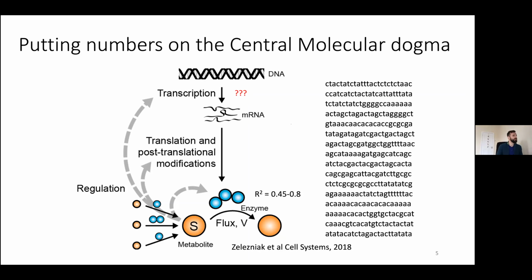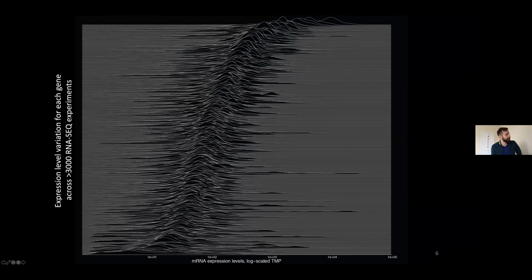Let me illustrate with another picture. Here we see every single distribution. It represents a gene expressed across 3,000 RNA-seq experiments in yeast, and you can see that some genes are nearly always lowly expressed, and some genes are quite highly expressed.